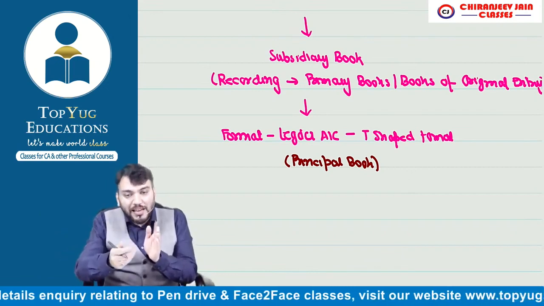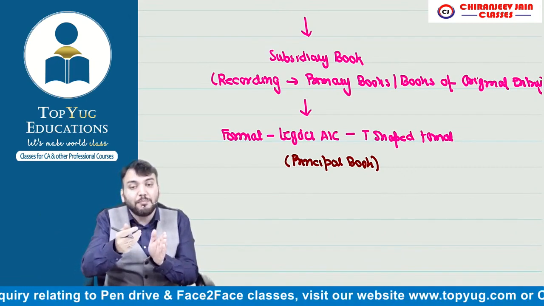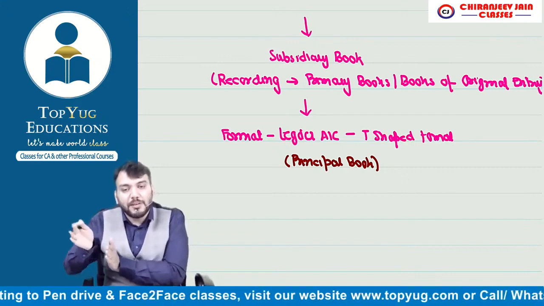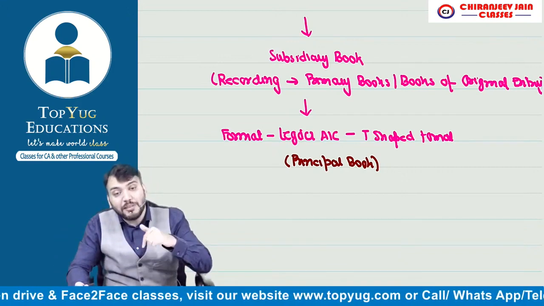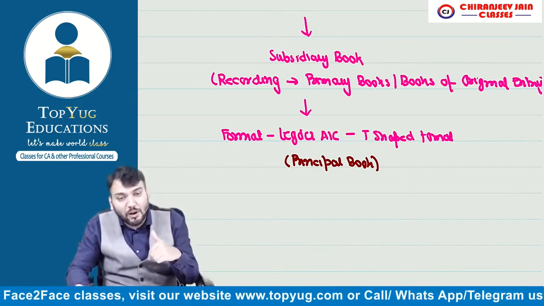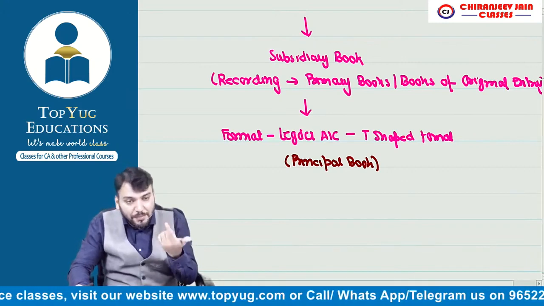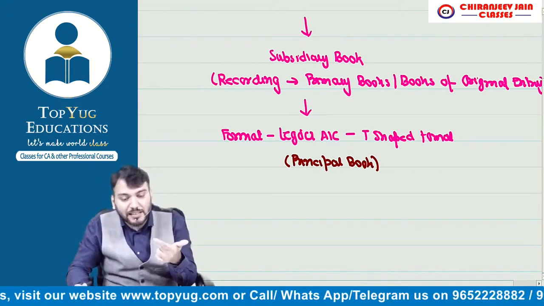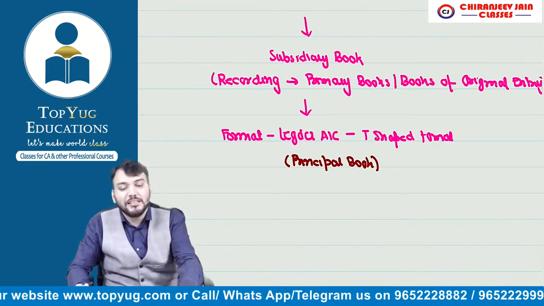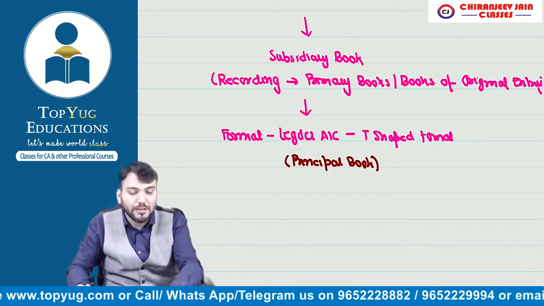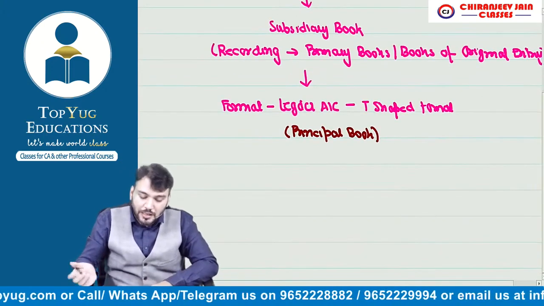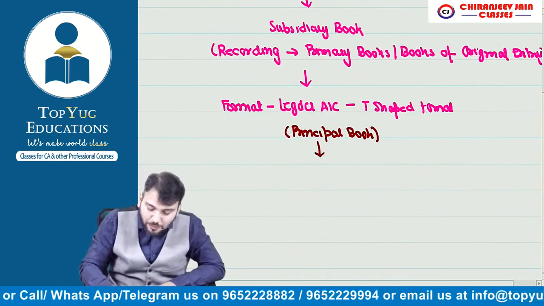From the cash book we can find out the balance of cash and bank. Therefore it is also known as principal book.